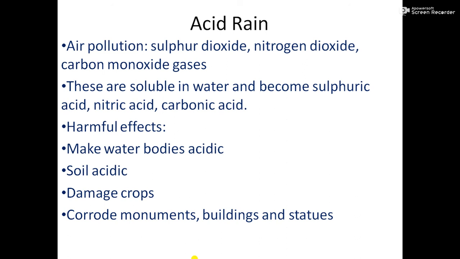We have learned that when storing acids we have to be very careful, because when acid is stored in a metal container, it reacts with the metal. The monuments, which are crafted or made up of metals basically, get easily corroded because of this acid rain.